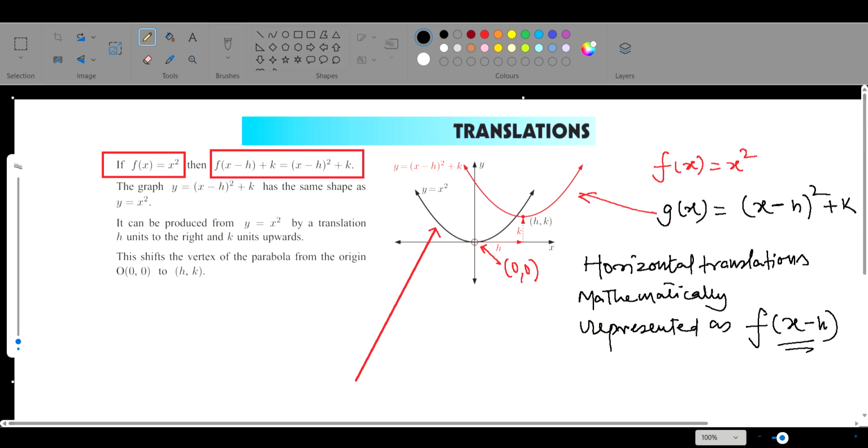It can take both signs: plus h if it is shifted to the left, minus h when it is shifted to the right.